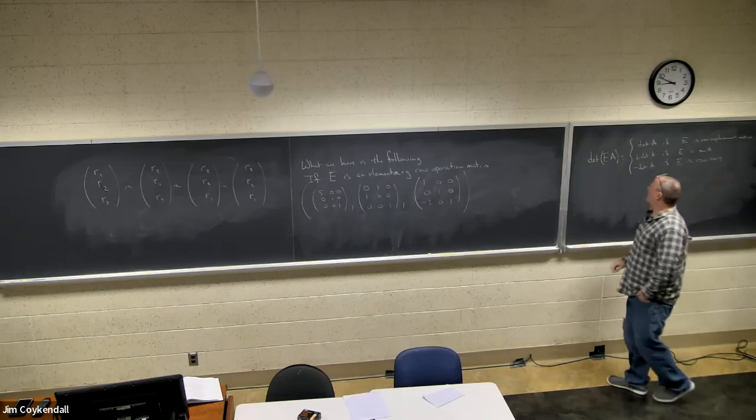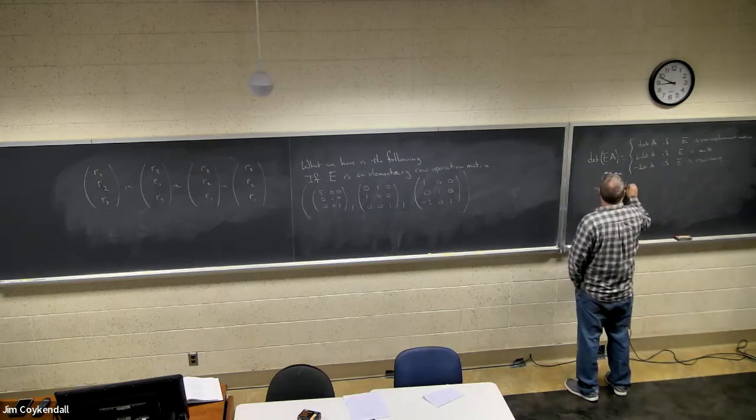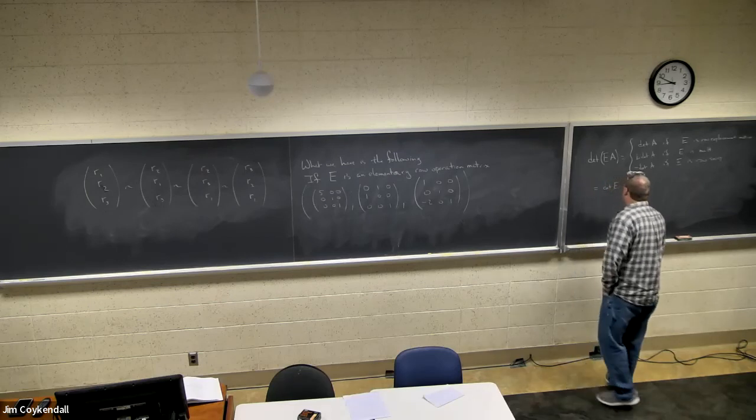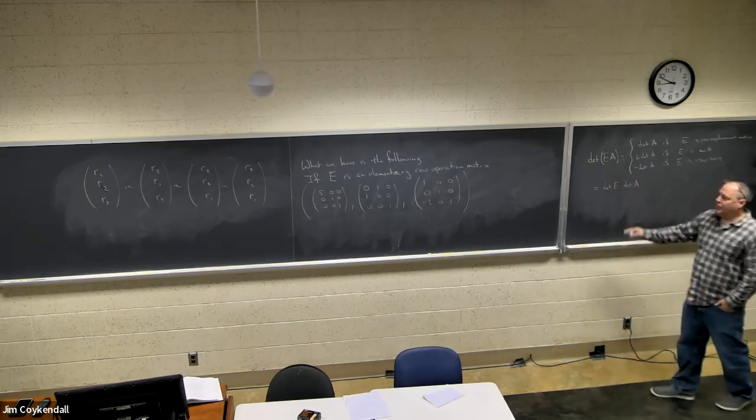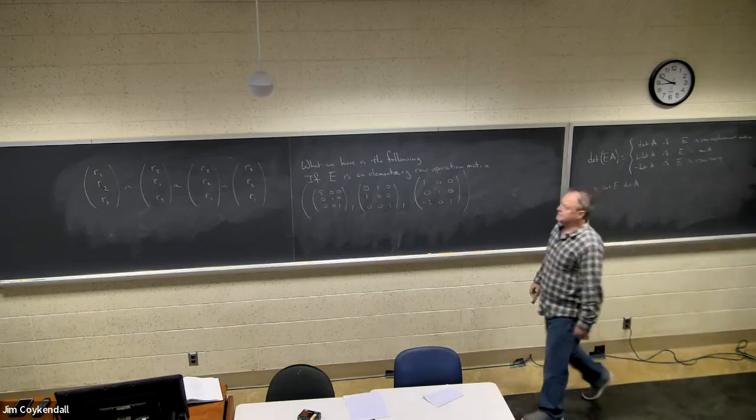So in particular, this is the determinant of E times the determinant of A. This multiplication works just for a single elementary matrix.